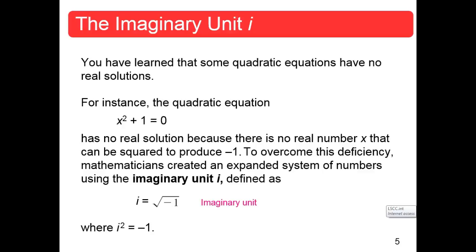i is the square root of negative 1. Because you see, if we were trying to solve this, we would subtract 1 from both sides, right? So you have x squared equals negative 1, and immediately you say, no, you can't do that. Then you take the square root of both sides, and x would equal plus or minus the square root of negative 1, which you say you can't do. You cannot ever take the square root of a negative number in the real number system.